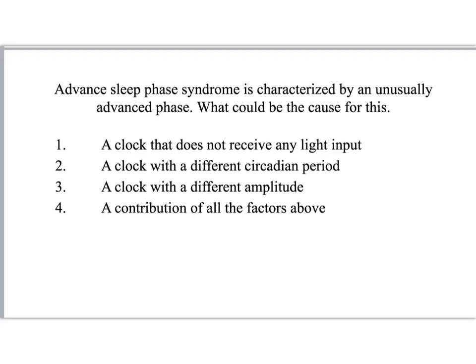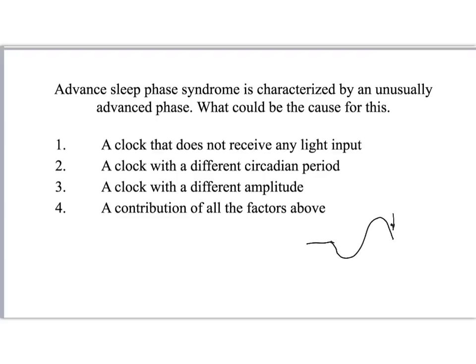But if the person has a different period, what happens is that a normal person that has a period much longer than 24 hours would need to make the light coincide in the advanced portion typically.